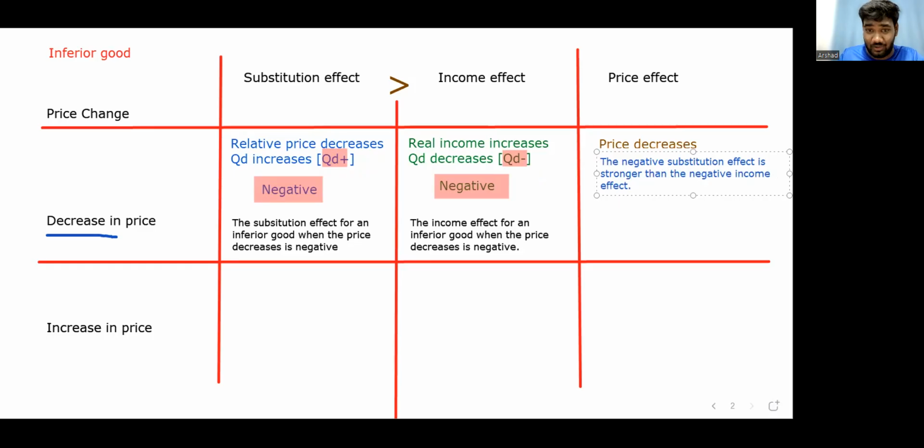Like I put numbers here, maybe because of this QD increases by 100, maybe because of this it falls by, let's say, 60. So overall, this increases by 40. That is how it works. So this 100 is much bigger than the 60. So the substitution effect is more powerful than the income effect. So therefore, it works. Is that clear, guys?